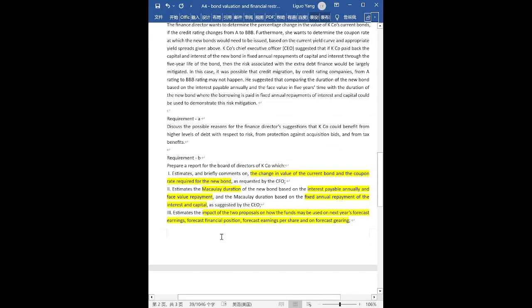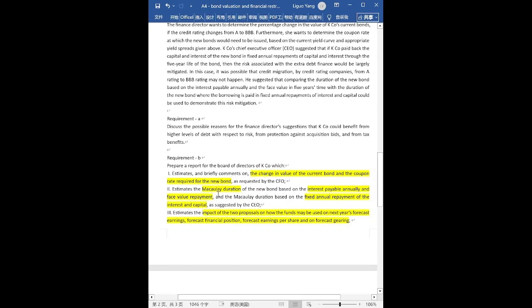Let's check if there's anything skipped off. Yeah, we have got the change in value of the current bond and the coupon rate required for the new bond.